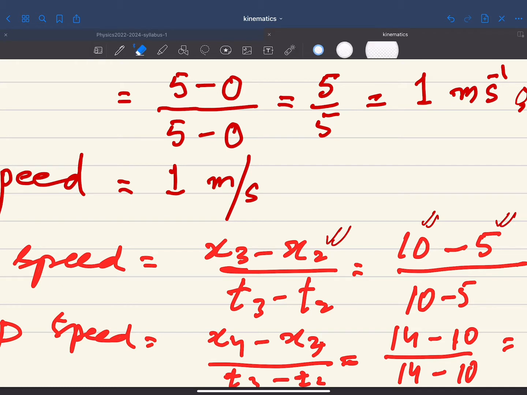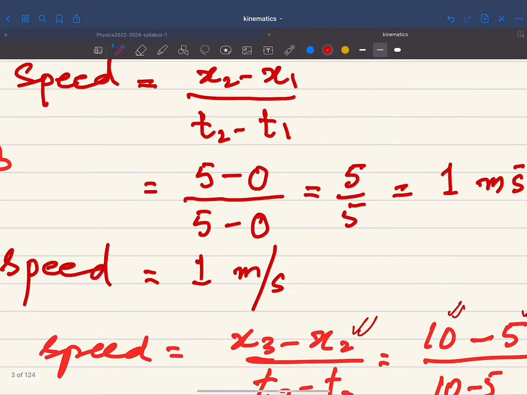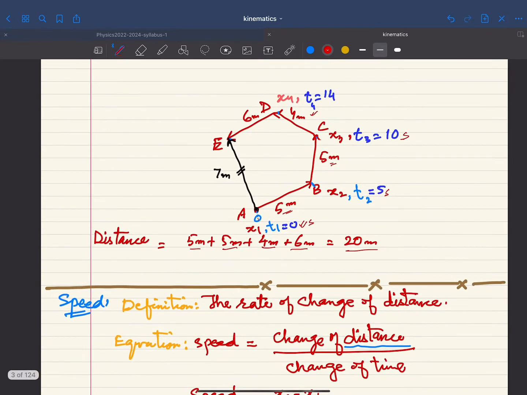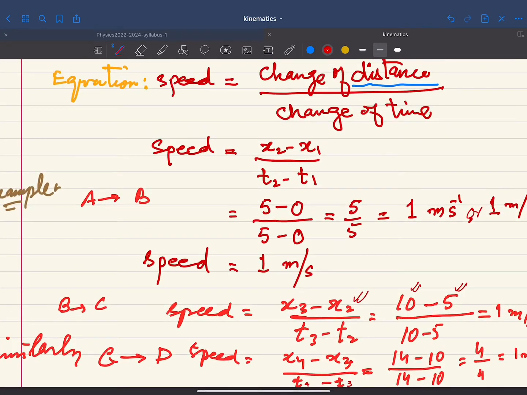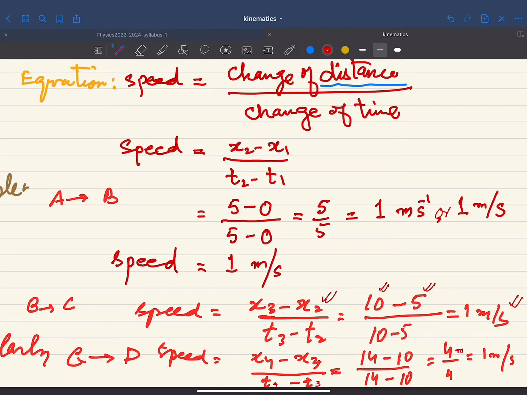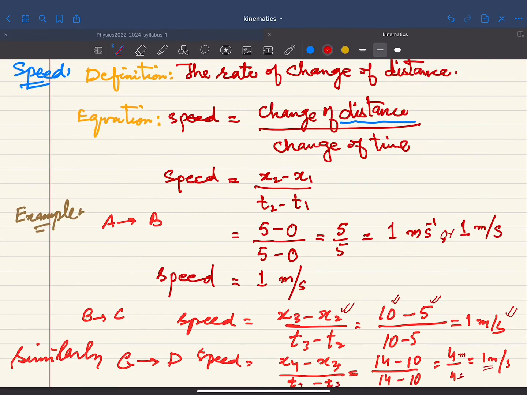If the time taken this time is 14 seconds, you write 14 minus 10, and the distance covered was also 4, the time taken is 4 seconds. So again you are getting 1 meter per second, but it is not necessarily the same values you will always get. If you have these values, you can say that the speed is constant throughout.